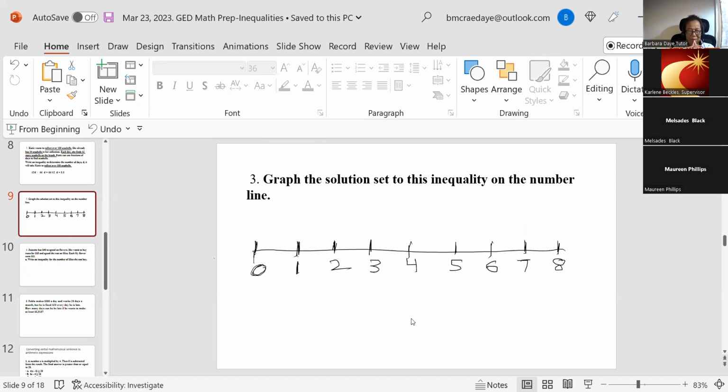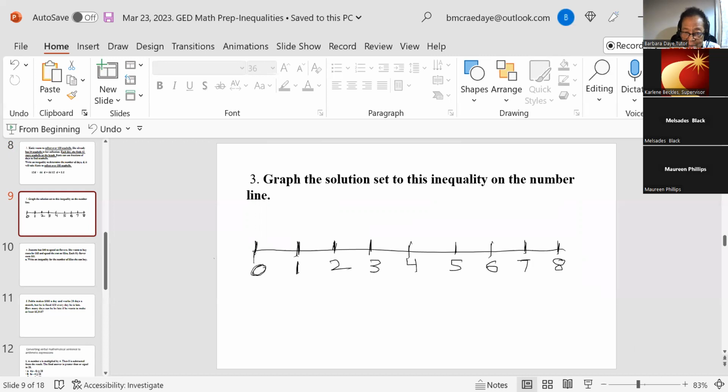You put it between the 5 and the 6. What do I put? A dot, or a greater sign. What do you put? Graph the solution set. You've got to put a line here, right?